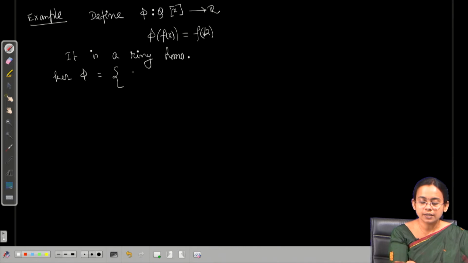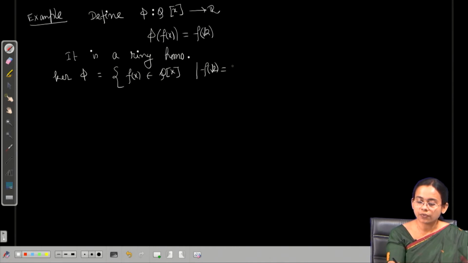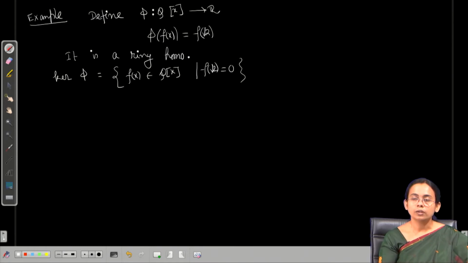The kernel is nothing but all the polynomials in the ring Q[x] such that root 2 is a root of that polynomial, so all those polynomials which vanish at root 2.